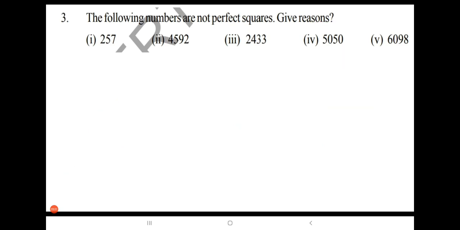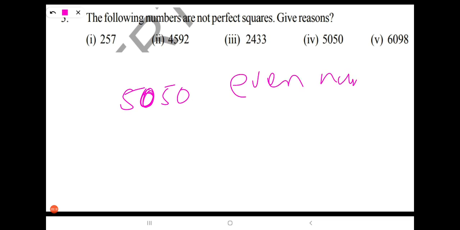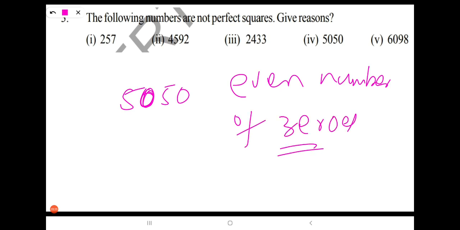So if the number is a perfect square and it has 0 in its units place, it must contain an even number of zeros. Here 5050 has only 1 zero in its units place.